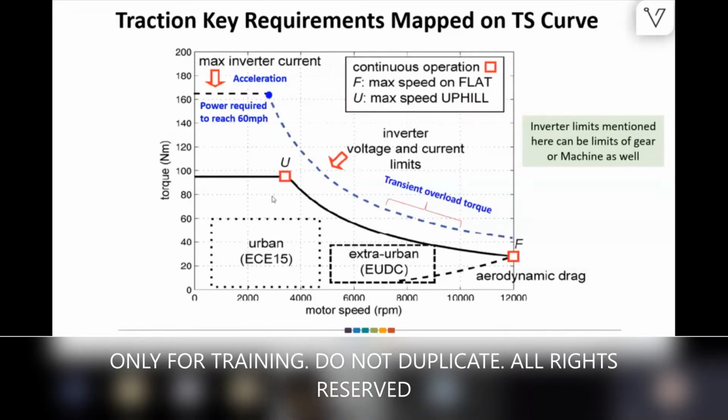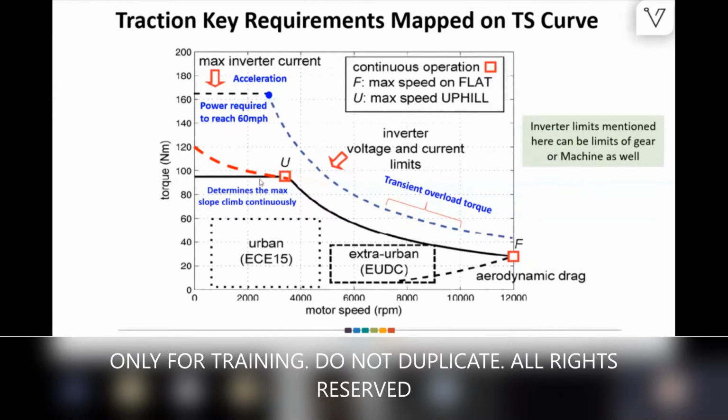The continuous performance is where you define what kind of gradability, or what continuous slope the vehicle can climb. The realistic curve may look like this instead of a flat, straight line of constant torque.